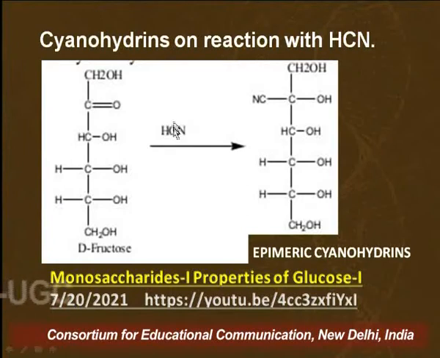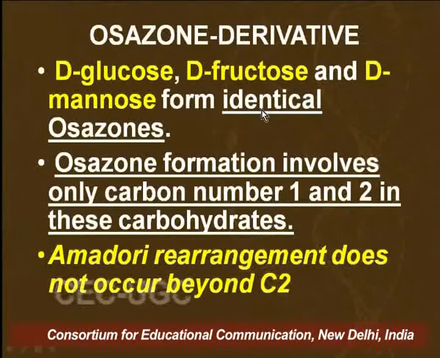So CN will make a bond with this carbon and H will go to the oxygen. Since the structure is planar, the CN can attack from either side. The reaction can take place from either face of the ketonic group, as a result of which a new chiral center, an asymmetric center, will be generated, and we will get epimeric cyanohydrins.